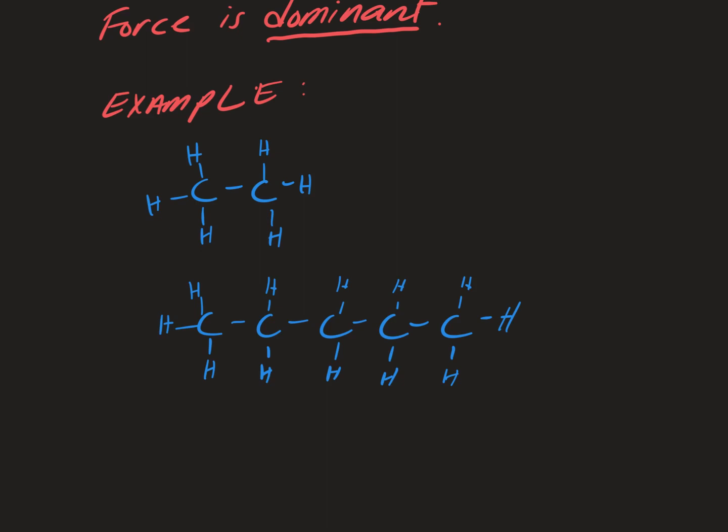So here we go. It really comes down to if these are two nonpolar molecules, and they are, this molecule, the ethane, has fewer electrons than this pentane. Okay, so the instantaneous dipole that's going to develop will be stronger in the pentane.